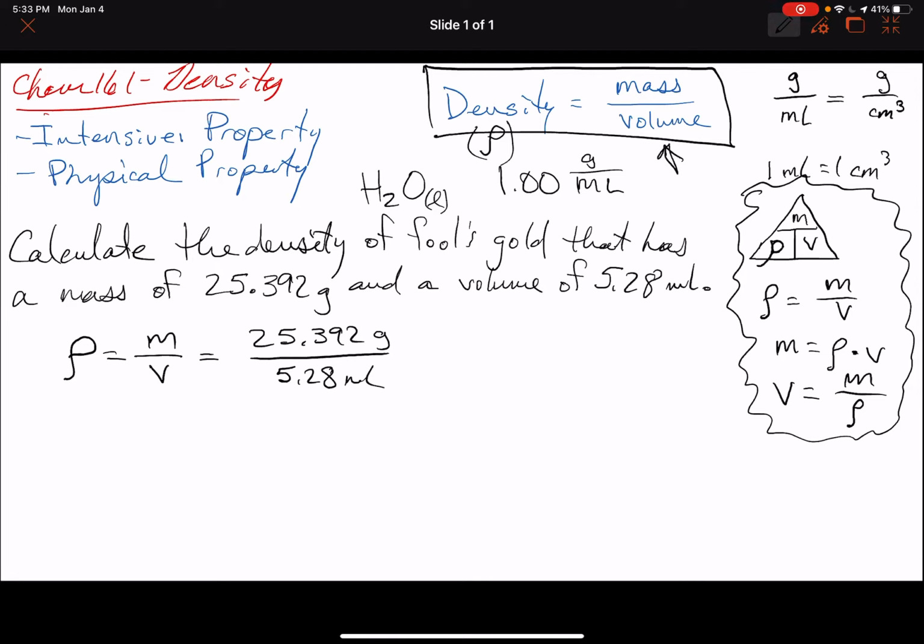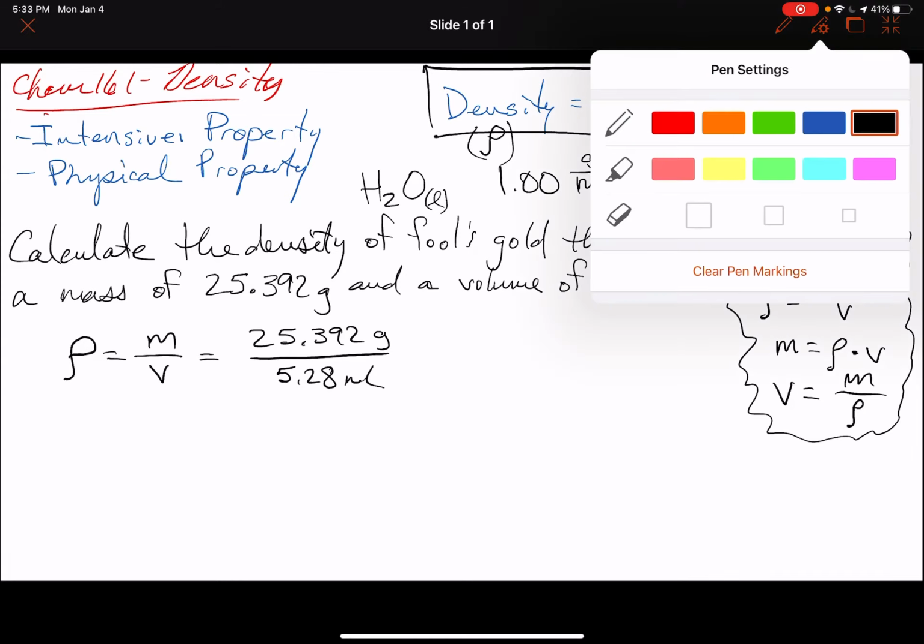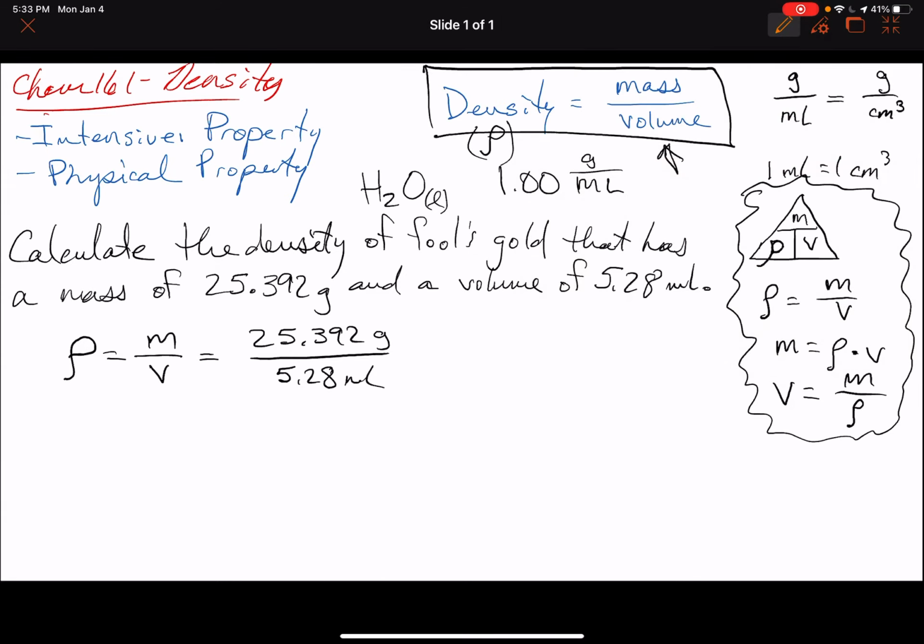Okay, so notice here that we were provided the information that is giving us units already in those that are most common for the density.